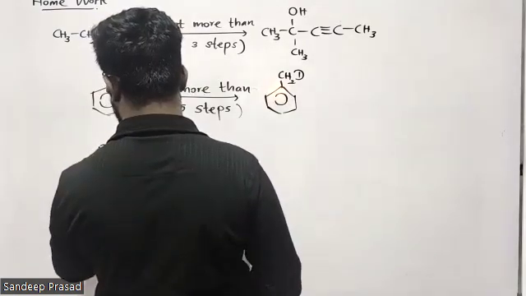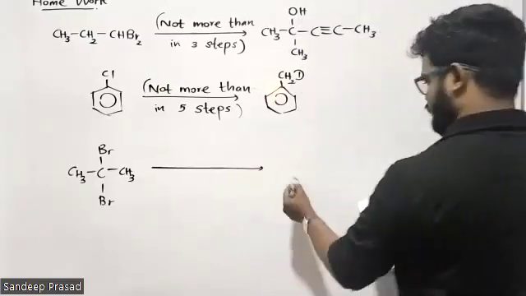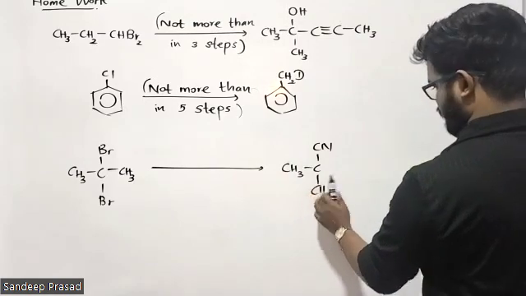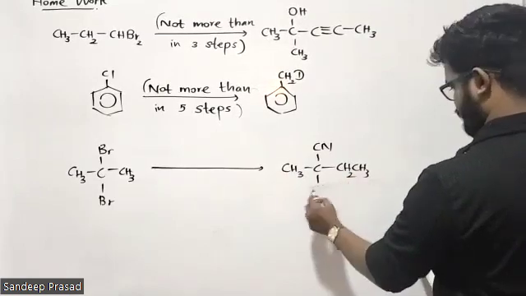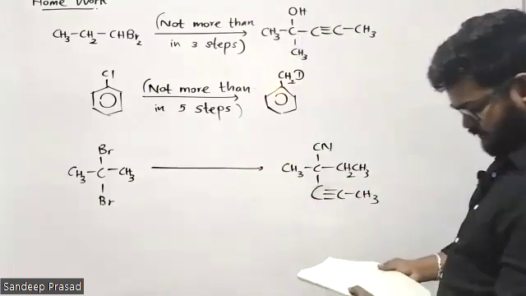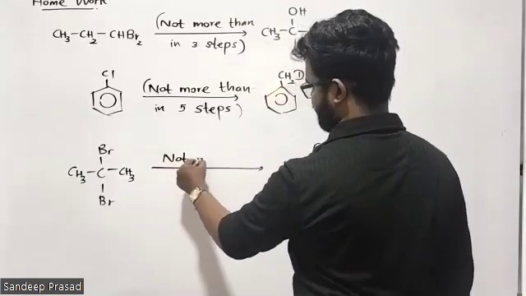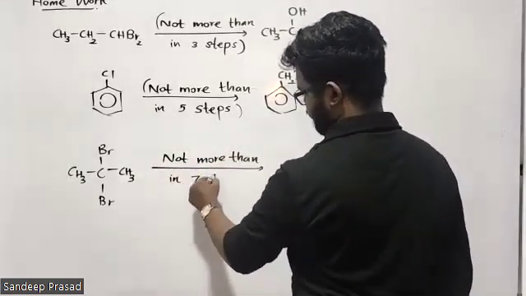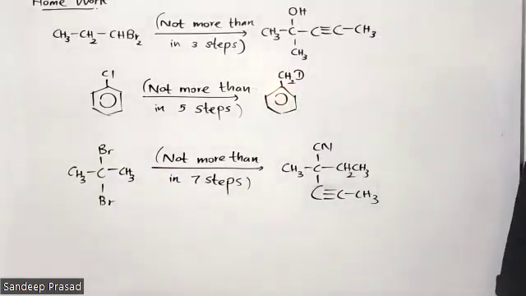CH3, CBr, Br CH3, not more than in 7 steps. Right? So quickly write them.